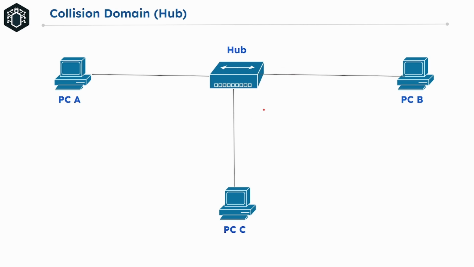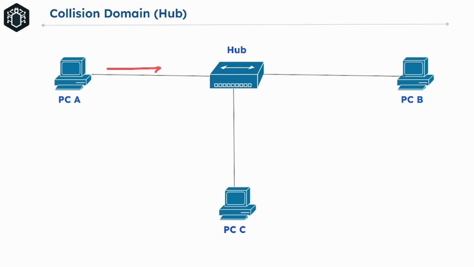Now, imagine two devices try to send data at the same time. For example, PC A and PC B are trying to send data to each other at the same time, and their signals are going to collide. Because of this, only one device can successfully send data at a time, while others have to wait.